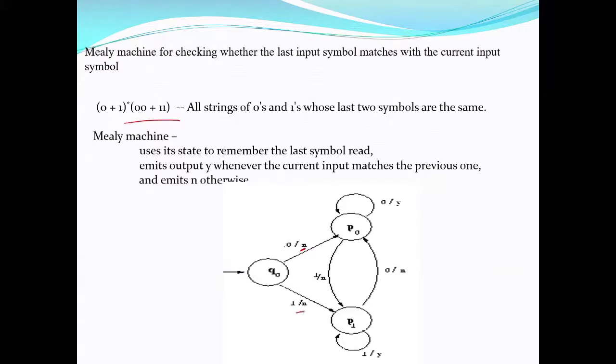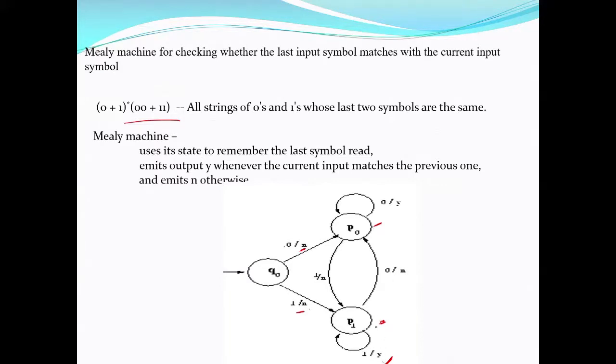If it is 1, it produces N and goes to P1. Now this is for if the current symbol matches with the previous 0. That is, the current symbol is 0 and previous is 0. This is for if the current symbol is 1 and previous is 1. Right? So you are in P1. If you get 1, I am giving you Y, because previous symbol is 1, the current symbol is 1. So I am getting Y.